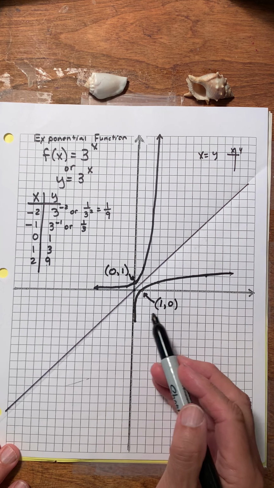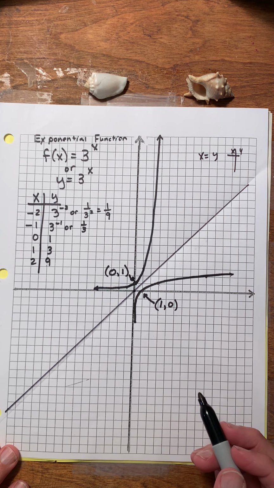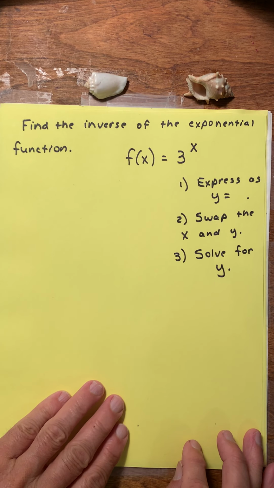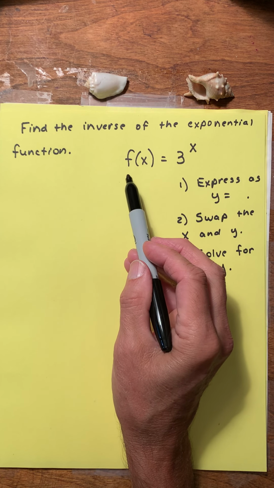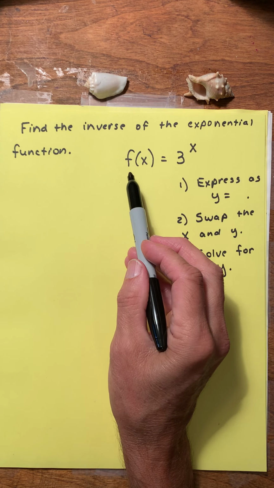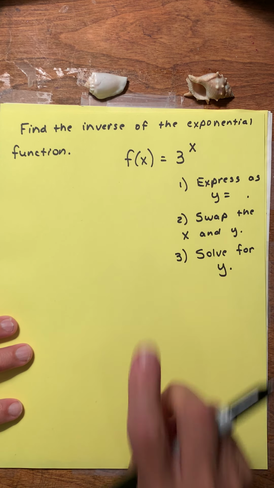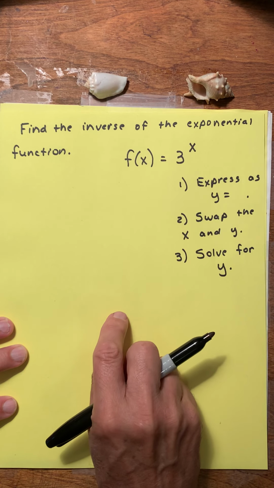Well, how do I come up with the expression of the inverse of a function? I think you remember this too. We had some very specific steps for coming up with the inverse of a function. Let's look at this inverse of the function f of x equals 3 to the x. First step was to express the function in y equals form.